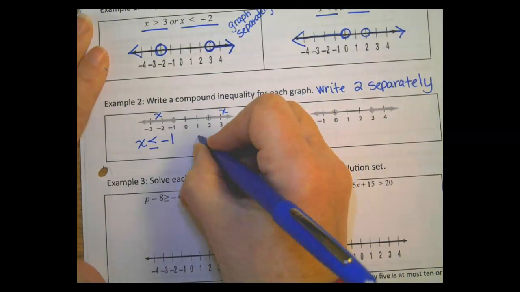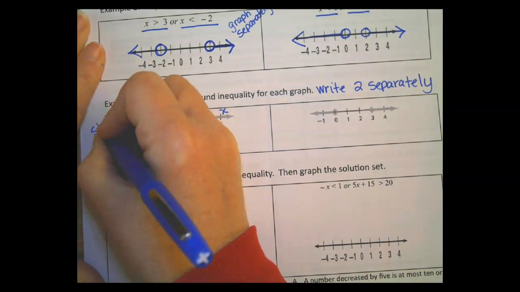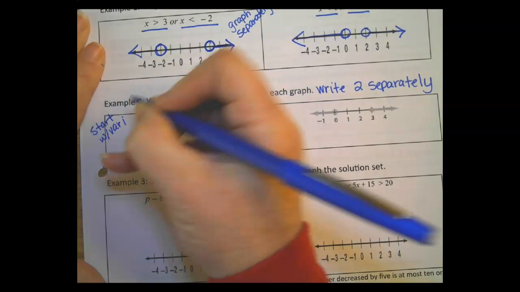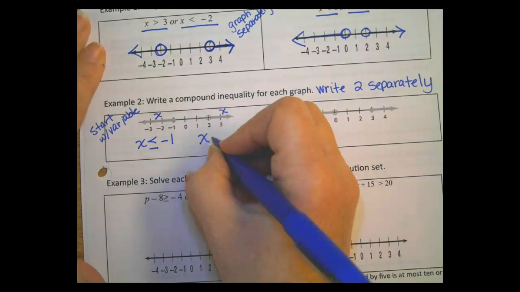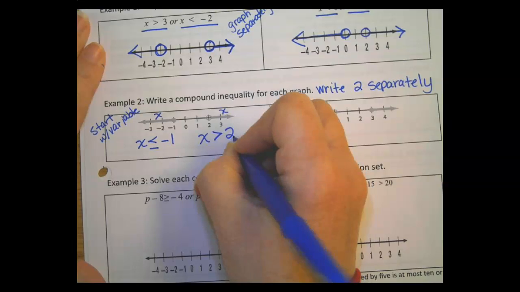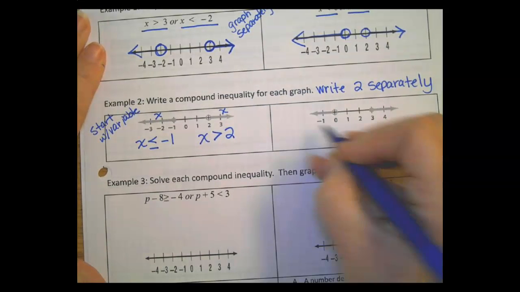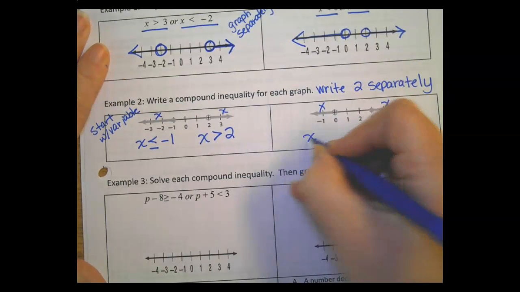We're going to start out with our x. So start with the variable. So my x values are greater than 2. Next one. So x here, start with my x's.